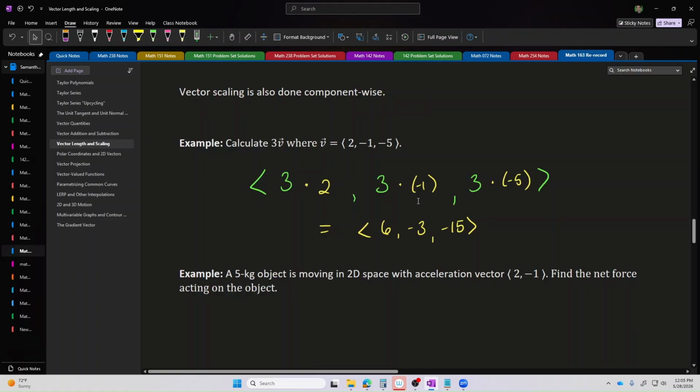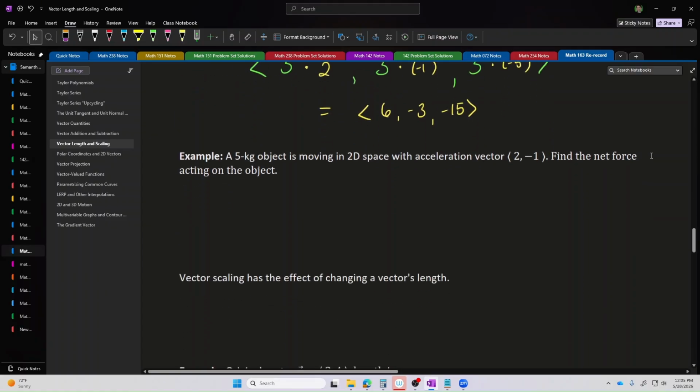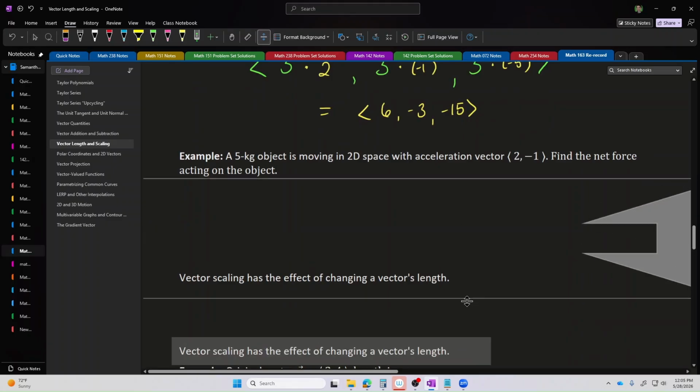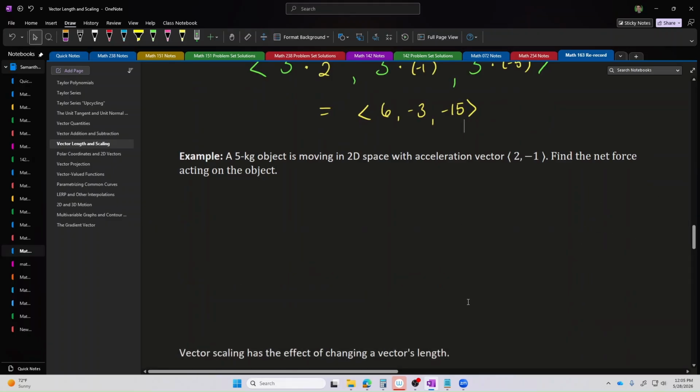Once again, vector scaling is something that is used pretty often in even the most basic physics calculations involving force. For example, suppose that we have a 5-kilogram object moving in two-dimensional space. And this time, what we know about the object is its acceleration vector.